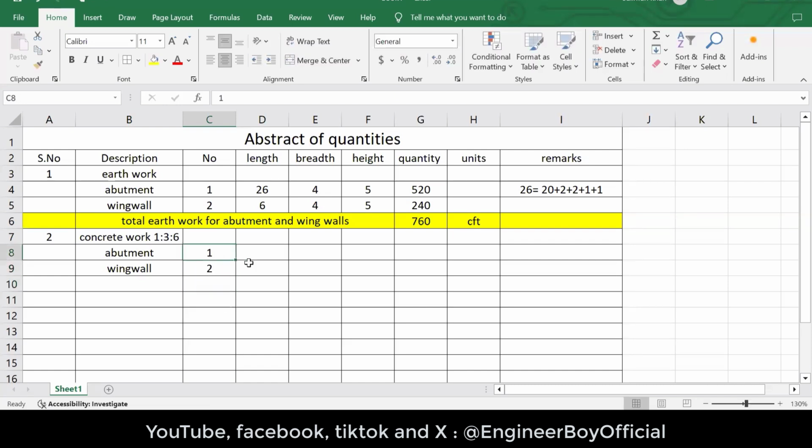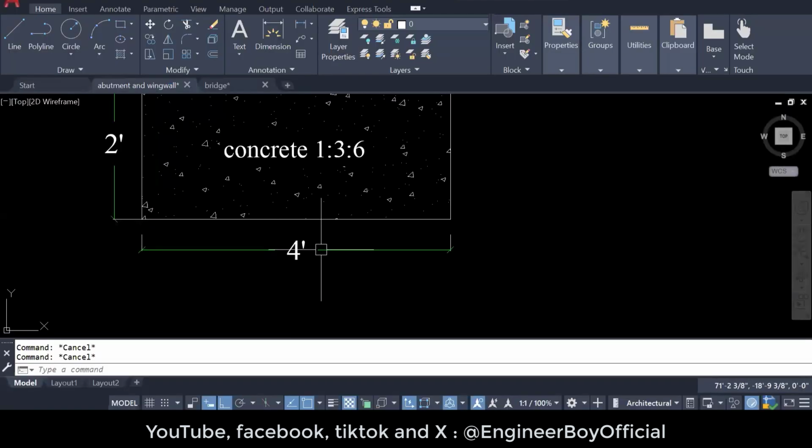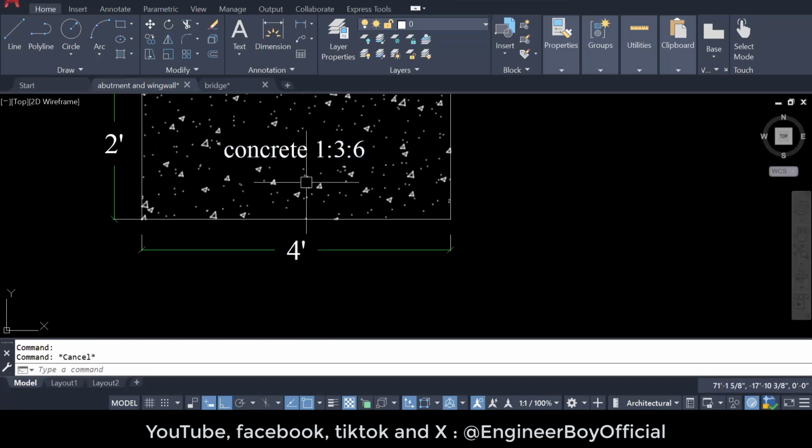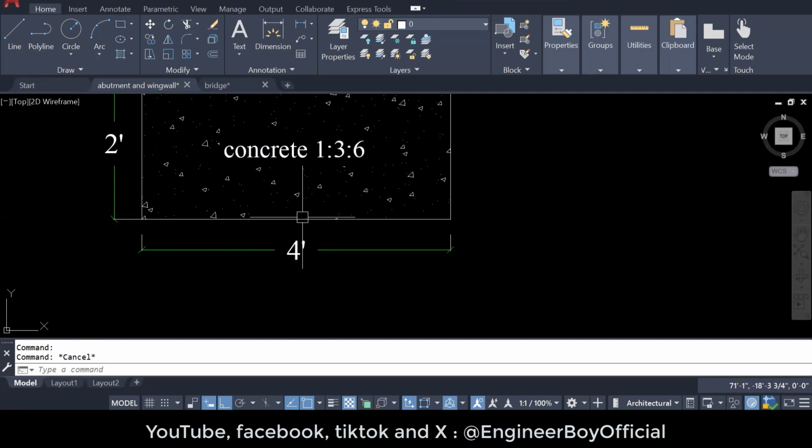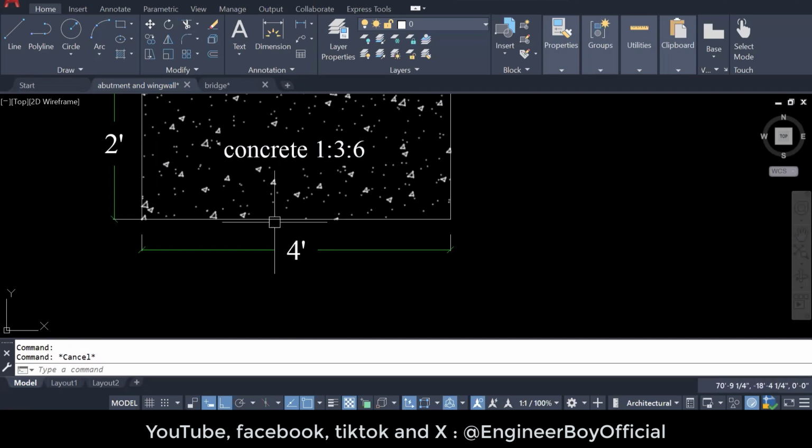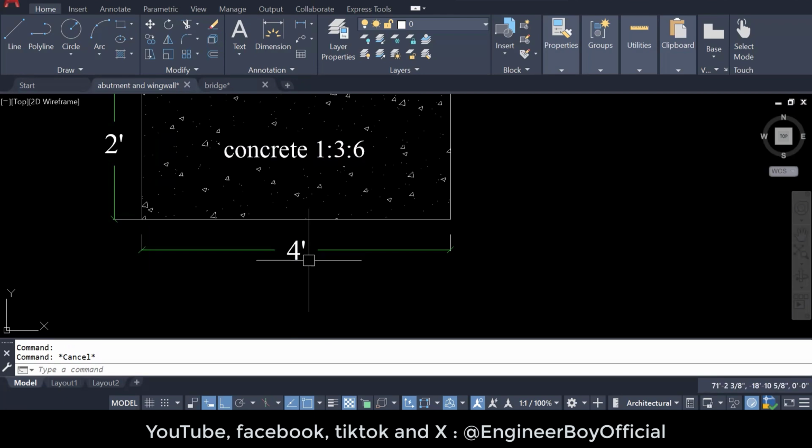And the length of abutment can be the same. Why the same? If you see the foundation width, it was just 4 feet. Now the concrete work is also 4 feet wide. That means the length of both elements is just the same thing.